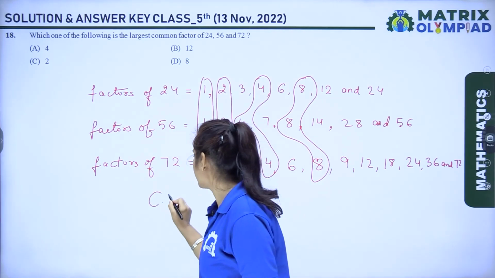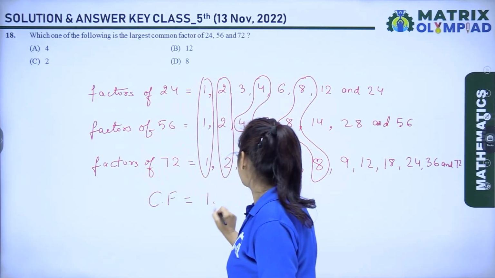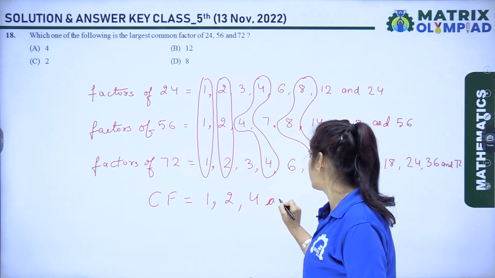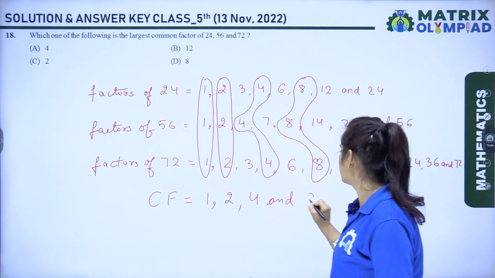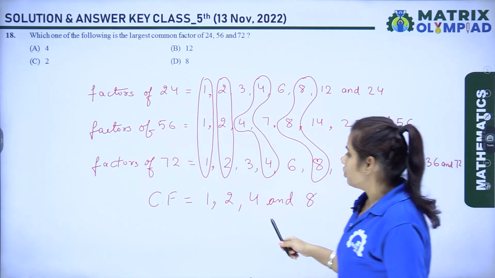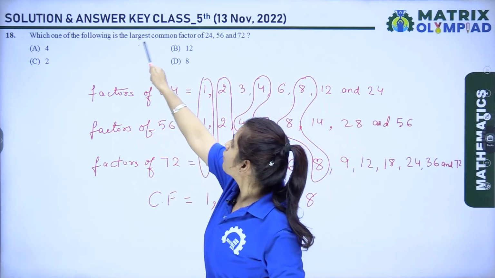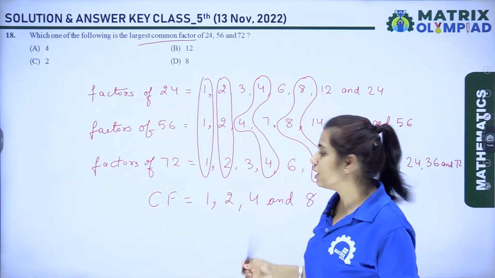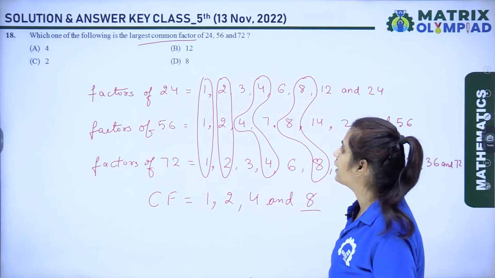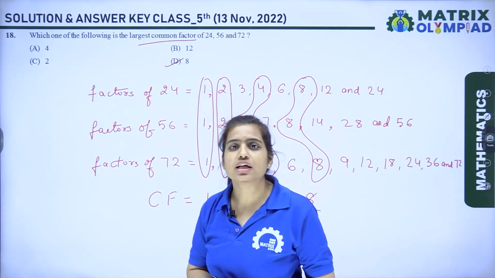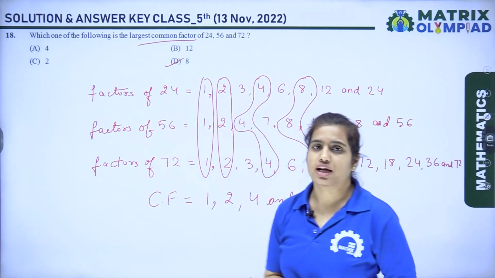So here common factors are 1, 2, 4 and 8. So we have 4 common factors. Here we have to find out the largest common factor. So the largest common factor is 8 here. So out of 4 options we have option D, that is 8, is the correct answer.